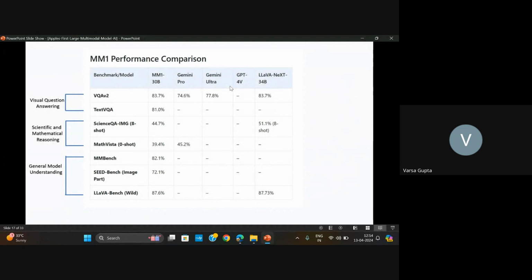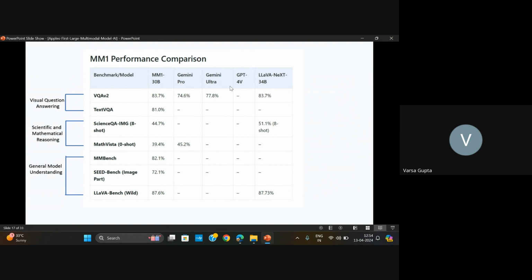We see that in visual question answering VQAv2, the model has excellent performance.